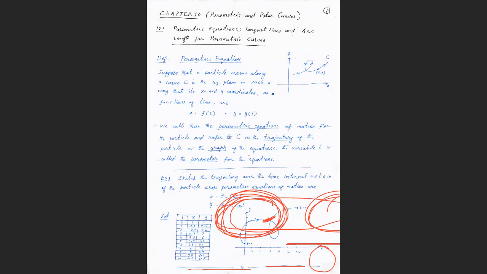We have to sketch the trajectory over the time interval from 0 to 10 of the particle whose parametric equations are given. Now the parametric equations are given, we have to draw the graph only.